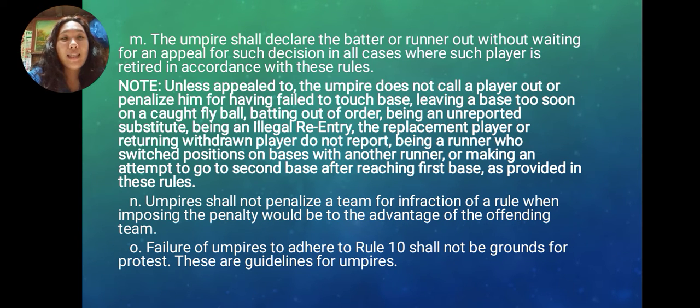Note, unless appealed to, the umpire does not call a player out or penalize him for having failed to touch base, leaving a base too soon on a caught fly ball, batting out of order, being an unreported substitute, being an illegal re-entry, the replacement player or returning withdrawn player not reporting, being a runner who switched position on bases with another runner, or making an attempt to go to second base after reaching first base, as provided in these rules.